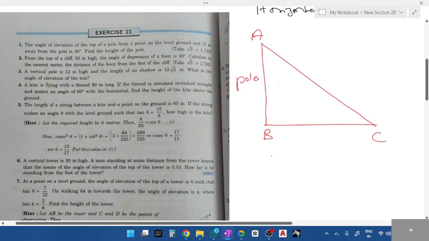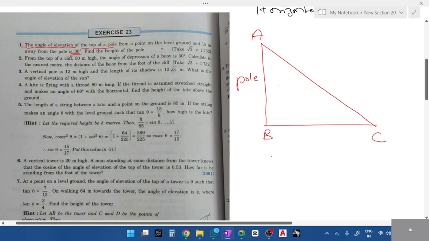And what's the distance? The angle of elevation of the top of a pole from a point on the level ground and 15 meters away from the pole is 30 degrees. Look here. The angle of elevation of the top of a pole is 30 degrees.